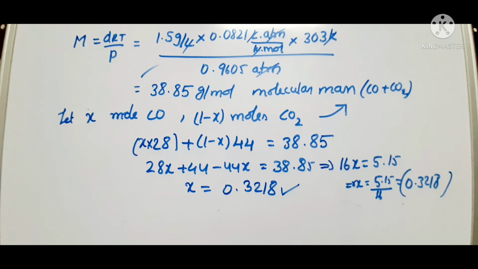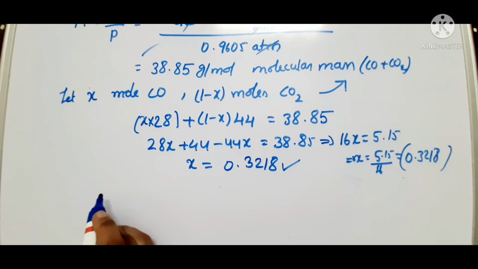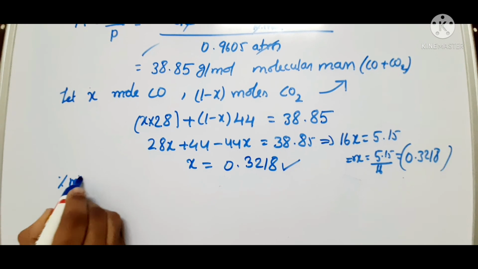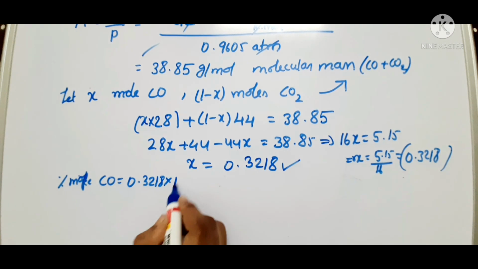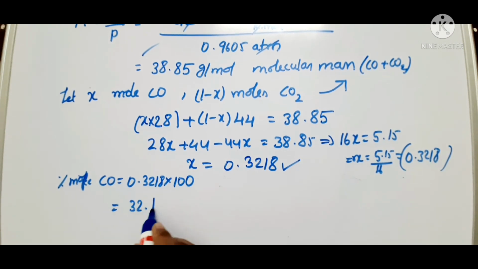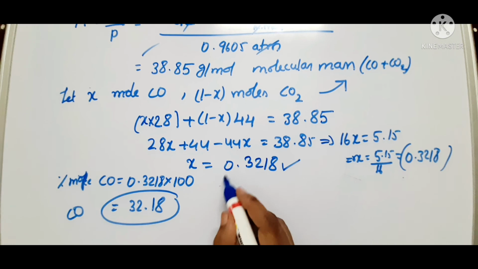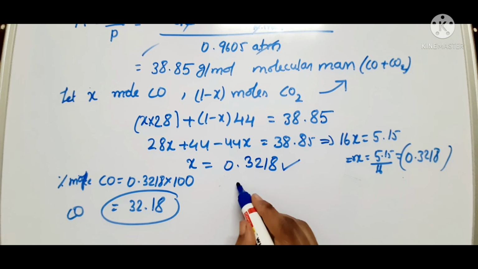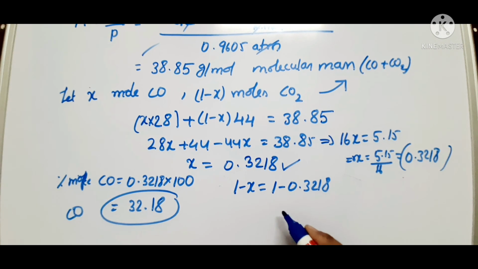But you have to multiply it by 100 to express the percent composition. X is moles of CO, so the percentage mole of CO will be 0.3218 into 100, which is 32.18. This is the percentage of CO. Next, 1 minus X equals 1 minus 0.3218, which is 0.6782.